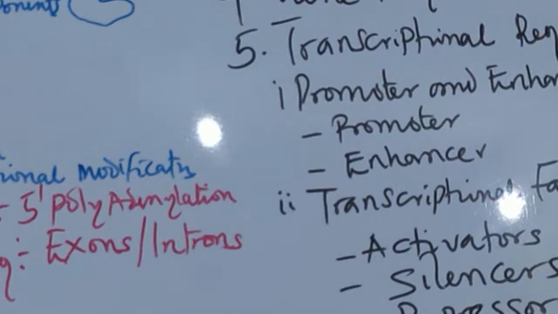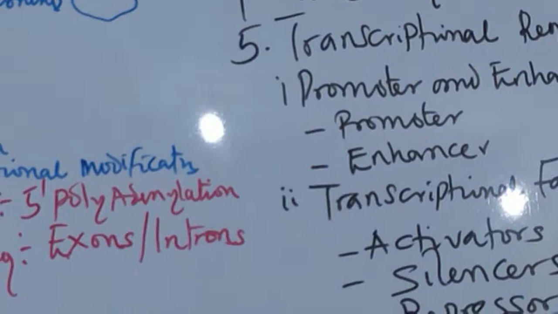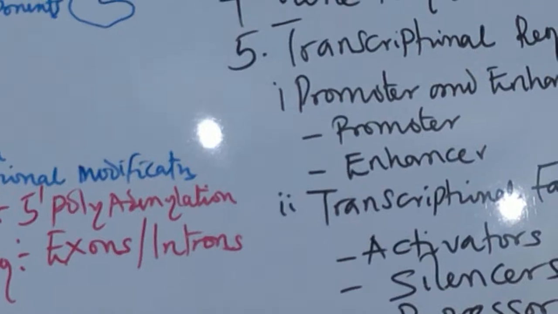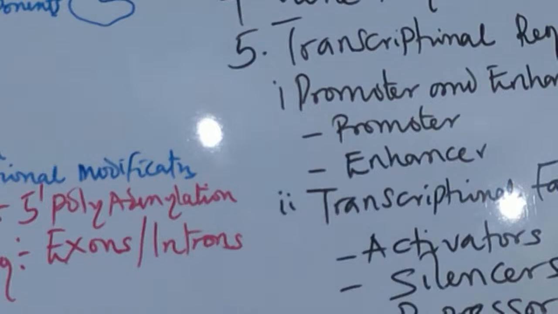Once the RNA polymerase and transcriptional factors bind at that point, it will tend to promote the process of transcription. But once the transcriptional factors refuse to bind any longer, the process automatically comes under regulation.